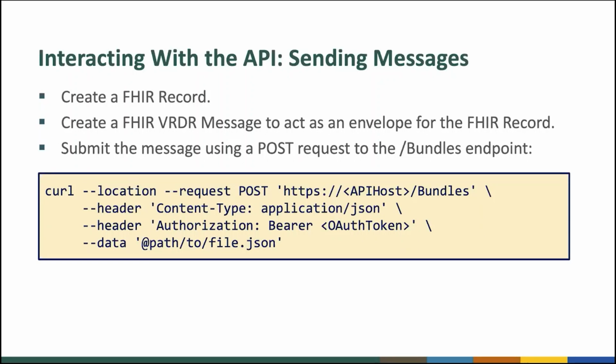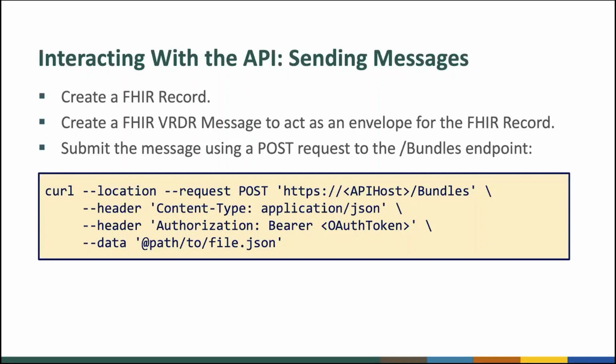And again, here is an example of how that could be done using curl. It's done via a post request to the API, to the /bundles endpoint, with a specification of JSON as the header, because in this case, the record and message are encoded using JSON. In the next header line, you can see that it has an authorization of bearer type, and the OAuth token just needs to be provided there.